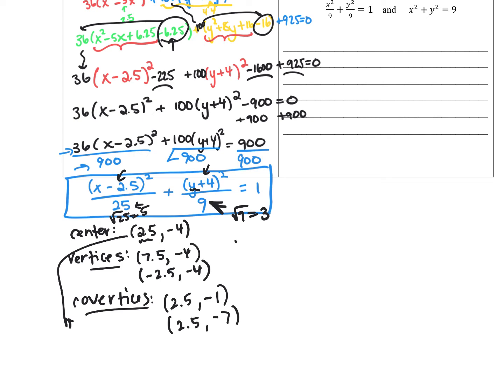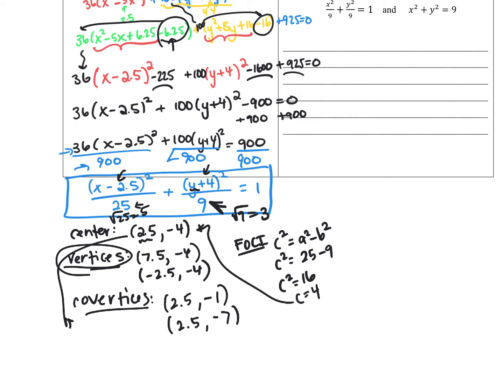And then the last thing to find is our foci, which, remember, the distance to our foci is going to be c squared equals a squared minus b squared. So we're looking at 25 minus 9, which will get us 16. So c equals 4. Remember that the foci are going to be on the major axis, and so that's where our vertices are. So if you think about it, it's going to affect our x's.